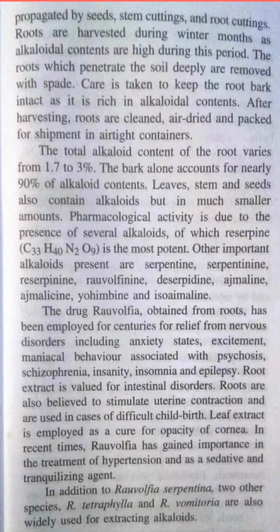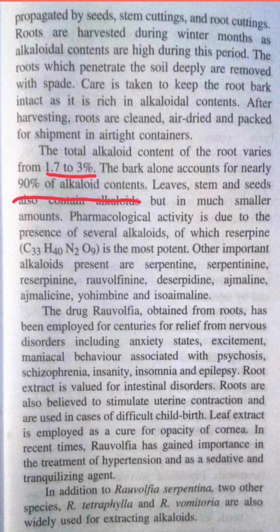You can see here that the total alkaloid content of the root can vary from 1.7 to 3%. And the bark of the root alone accounts for nearly 90% of the alkaloid content.